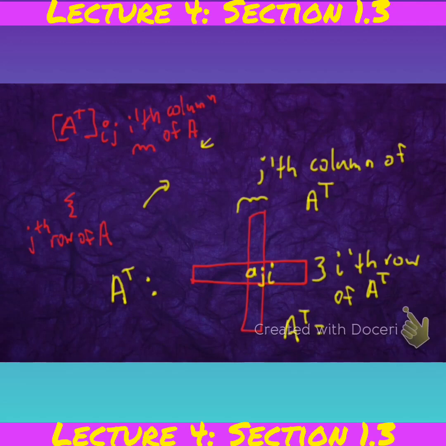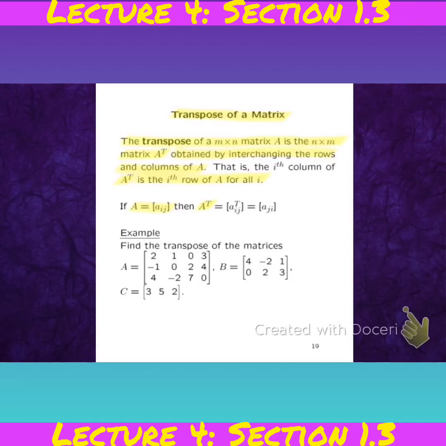So for A's transpose, you can basically write the entry in the ith row and the jth column as this entry here, which is a subscript ji, and that's the entry in the matrix A that lies in the jth row and the ith column of A. Okay, looking at the examples, what is A's transpose?